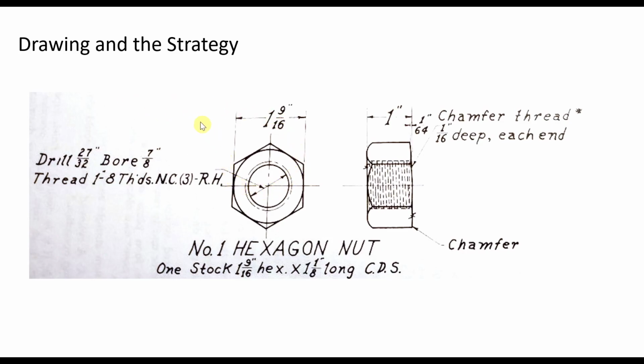So for this particular example, I've got a set of dimensions for this hex knot. Hex knots are not all the same, so you might have different features at the bottom, a chamfer also at the bottom and so forth, but this is very typical. The dimensions are given in fractions, and they call this a 1 inch hex knot.